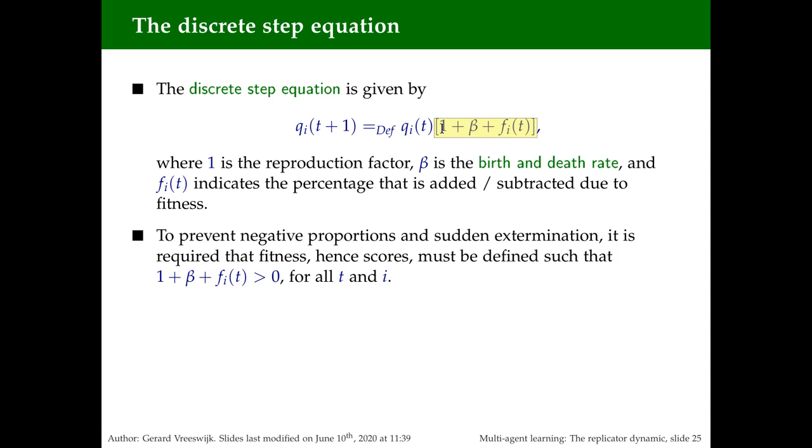And if not, you can guarantee that by adding birth and death rate beta, hence the beta. So if scores of rows in your matrices are negative, you must add a positive number in order to prevent that negative proportions will ensue.